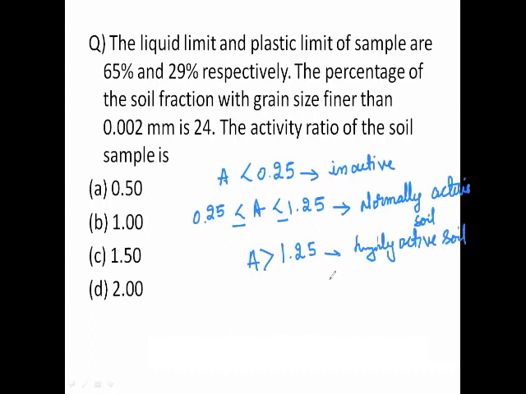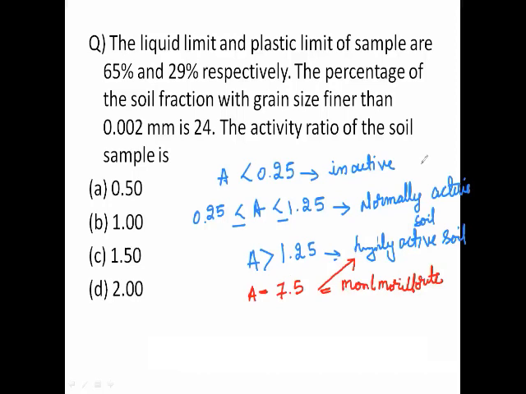If you look at the clay minerals, we have Montmorillonite. What is the activity ratio of Montmorillonite? It is 7.5, highly active, because of the Montmorillonite the soil becomes highly active.